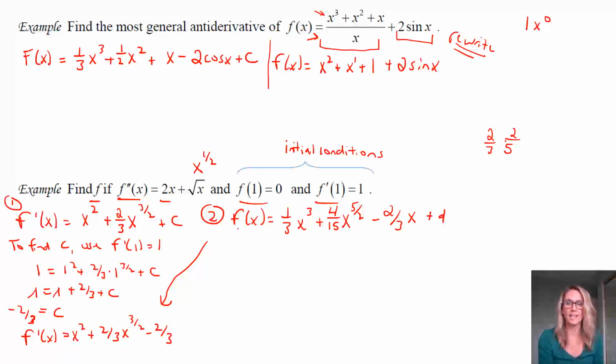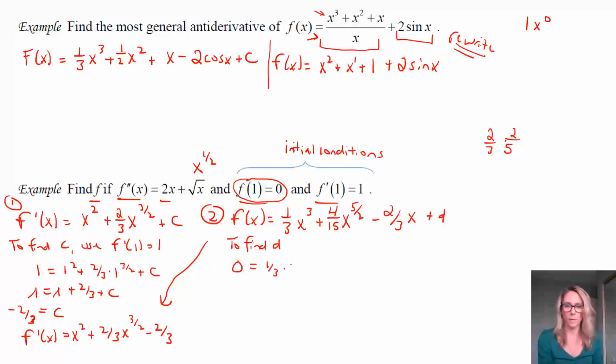So now I need to use my second initial condition, which is that when I plug 1 into my original function, I should get 0. So that allows me right away to find d. I'm going to plug in 1 and I should get 0.